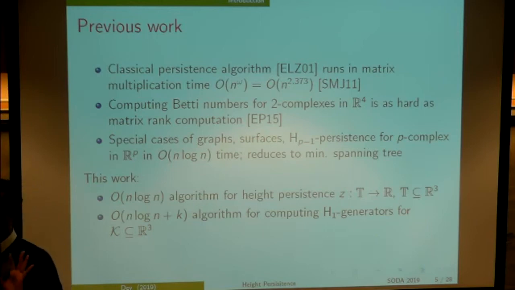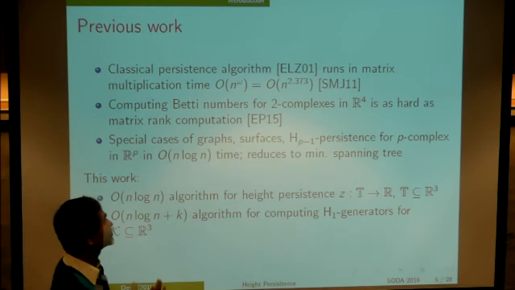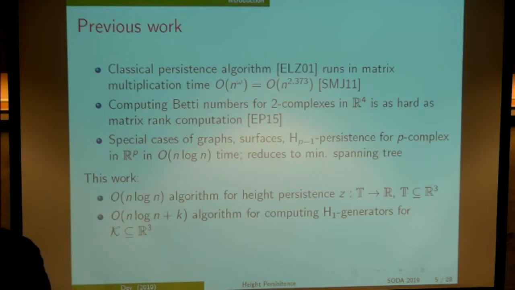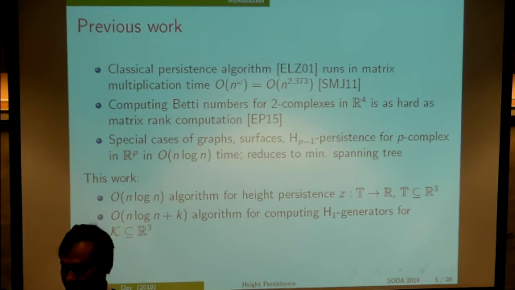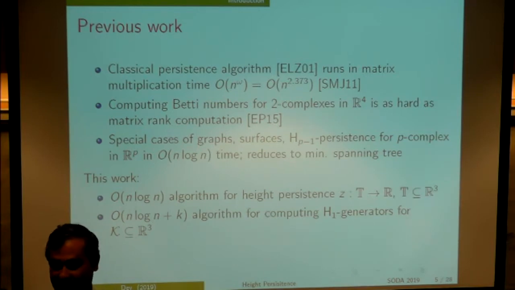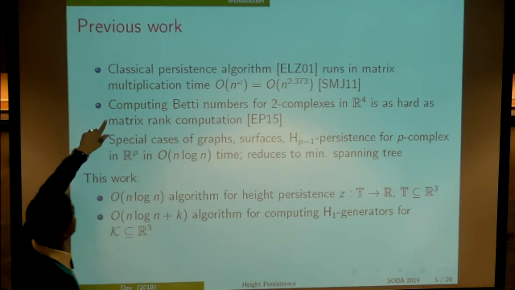Computing that matrix rank is as hard as computing the Betti numbers of a 2-complex in R4. So these two problems are equivalent, and nobody knows whether matrix rank computation is easier than matrix multiplication or not. But at this point, people believe they are maybe also equivalent. So it seems that breaking the matrix multiplication barrier in general may not be possible, unless matrix rank computation is easier than matrix multiplication, which nobody knows.